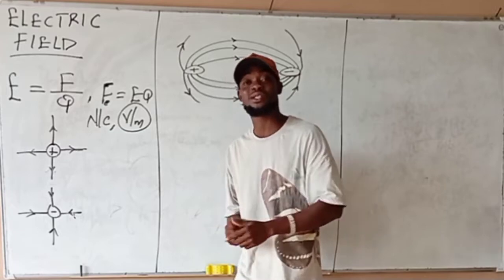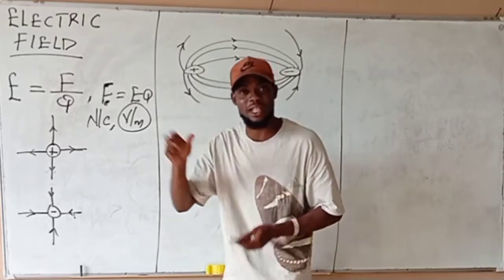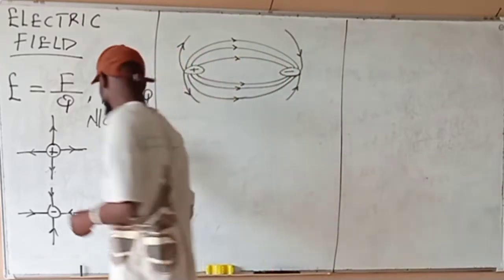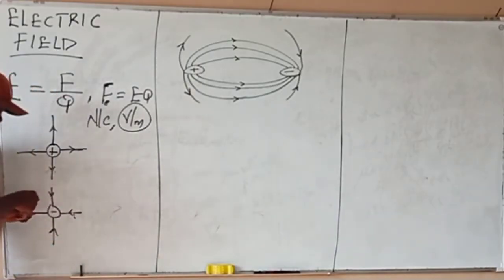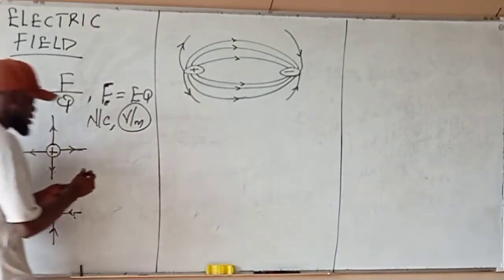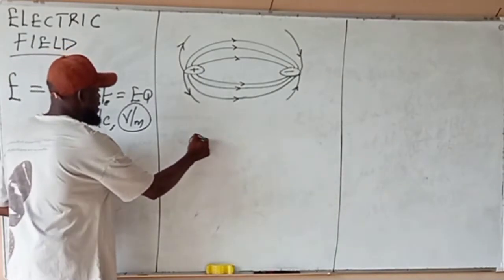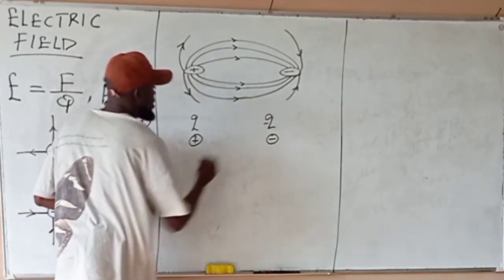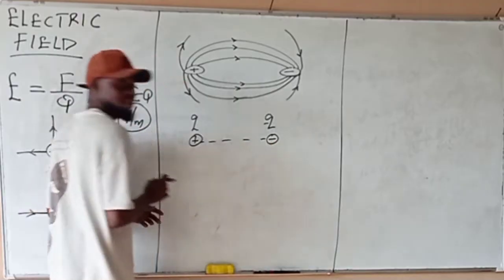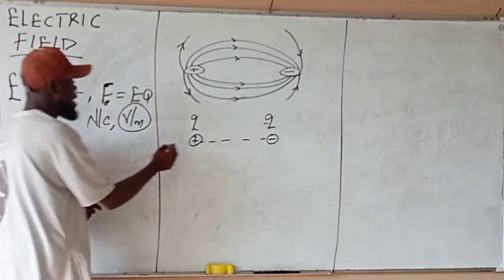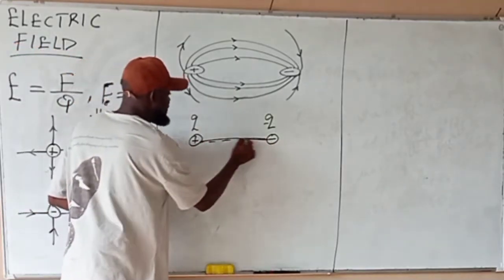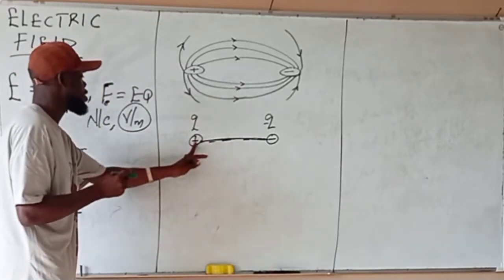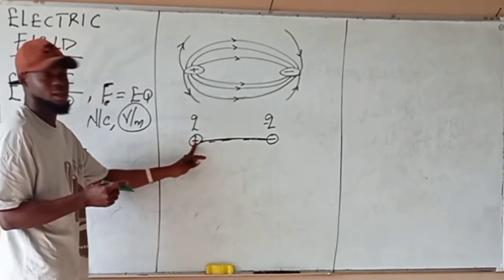And we can also use a test charge to check for the direction of electric field. Let's say we have two charged bodies. Let's say we have plus Q, and minus Q, and some distance apart. If you have a field line like this, what will be the direction of this field line from this positive charge?